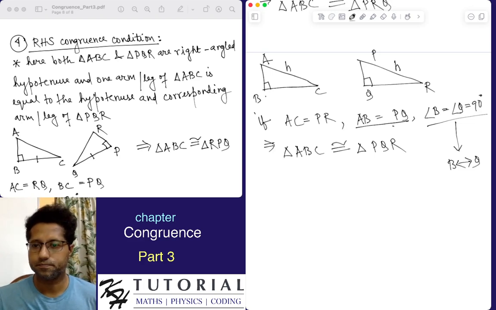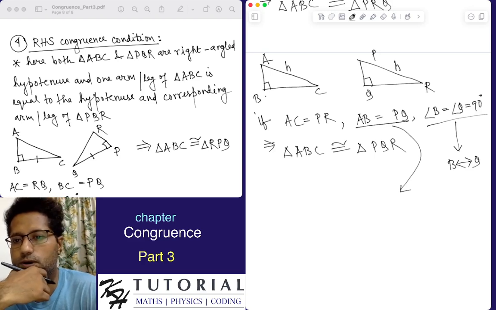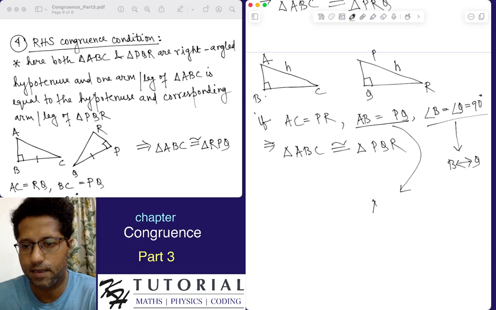From this, I will know the mapping. This will imply that A is mapped to P. Why?